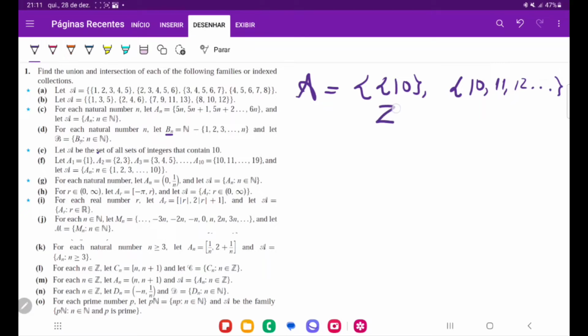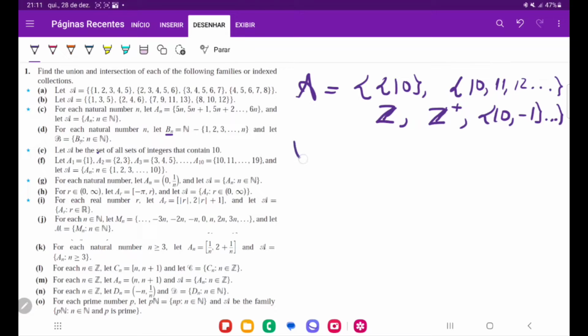It contains the set of integers as well, because the set of integers does include 10, right? It includes the set of positive integers, which includes 10. Maybe it includes the set containing, let's see, I don't know, 10 and -1. You can see that these are infinite, right?